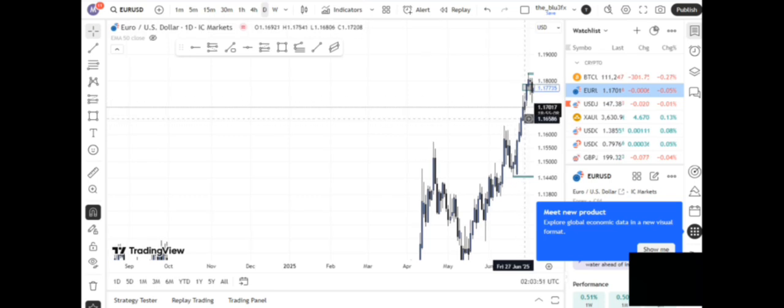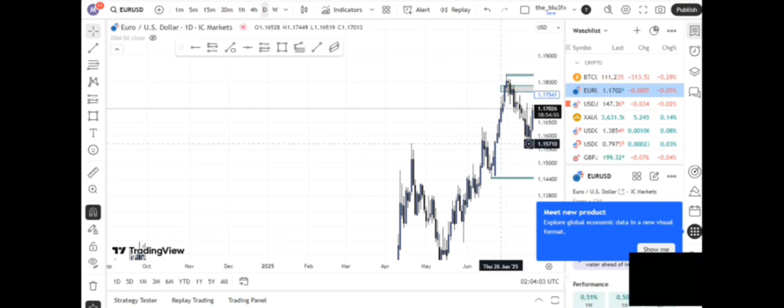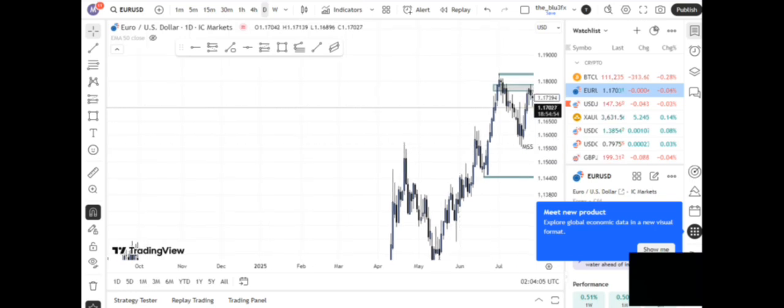What you notice here is price came to this point, and this was the highest high, and this was the lowest low. Price failed to close below this zone. So this is our protected zone, and this is our high.